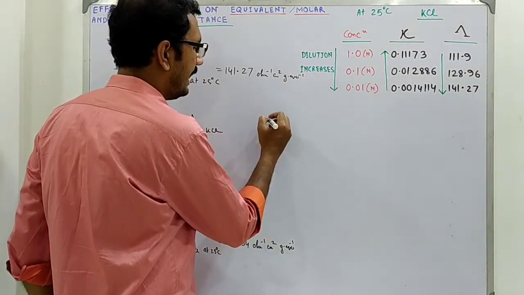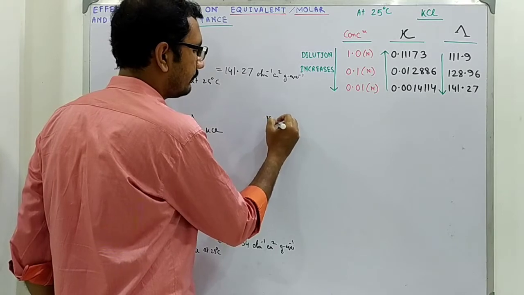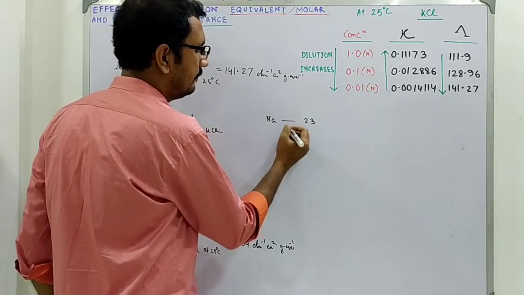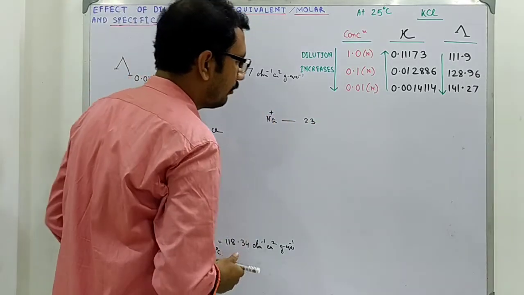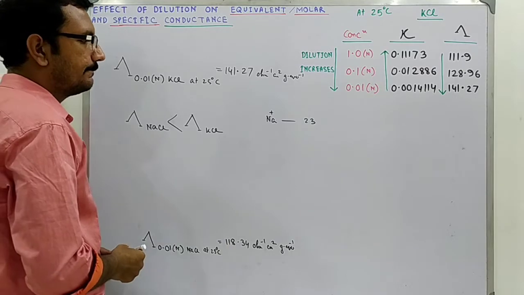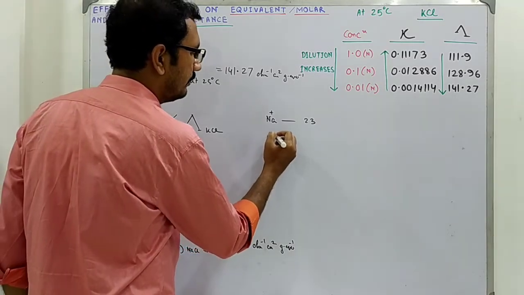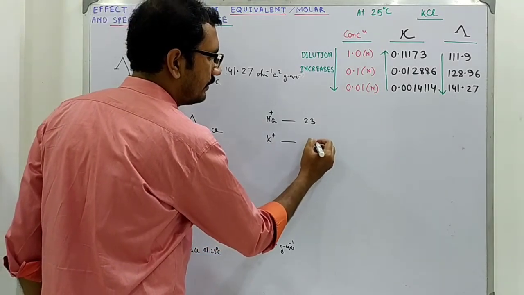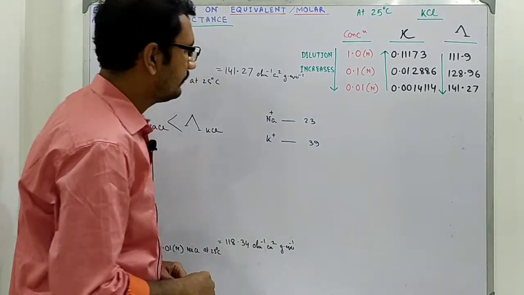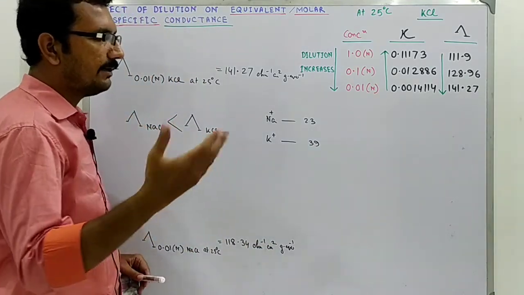Now, what is the atomic weight of sodium? The atomic weight of sodium is 23. For Na plus it will remain almost 23, since the mass of an electron is negligible. And what about the potassium ion? It is 39.1. So, I am ignoring that 0.1. So, which one is heavier?